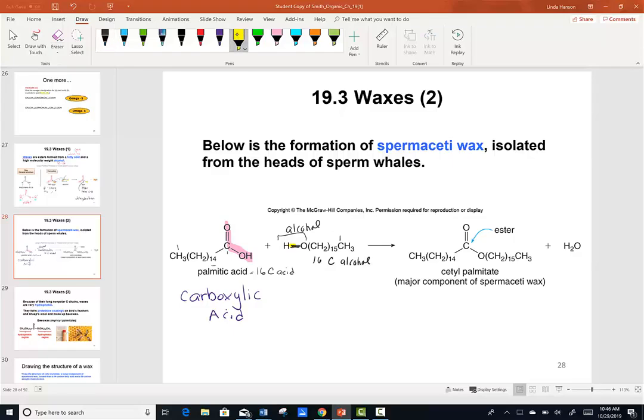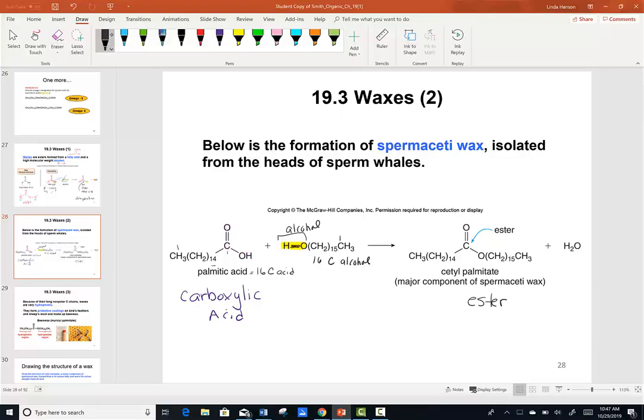So we have the functional group of an alcohol and a functional group of a carboxylic acid combining to make a wax, which we know is the chemical functional group family of an ester.